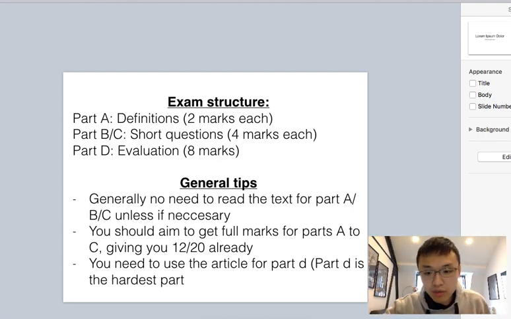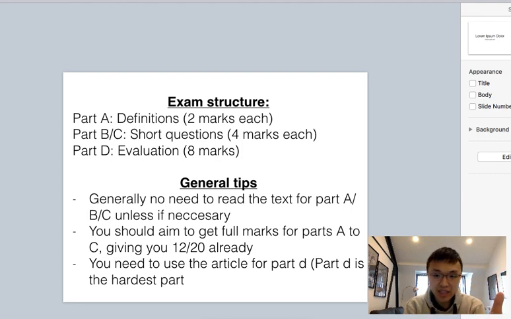First, I wish to share with you some general tips for approaching the paper. For part A, B, and C, a lot of students, before they even start their paper 2, read through the entire newspaper article, because paper 2 is data response and you get a newspaper article. I think if you read the article at the beginning, you end up wasting a lot of time. For part A, B, and C, normally you don't need to read the article to answer those questions.